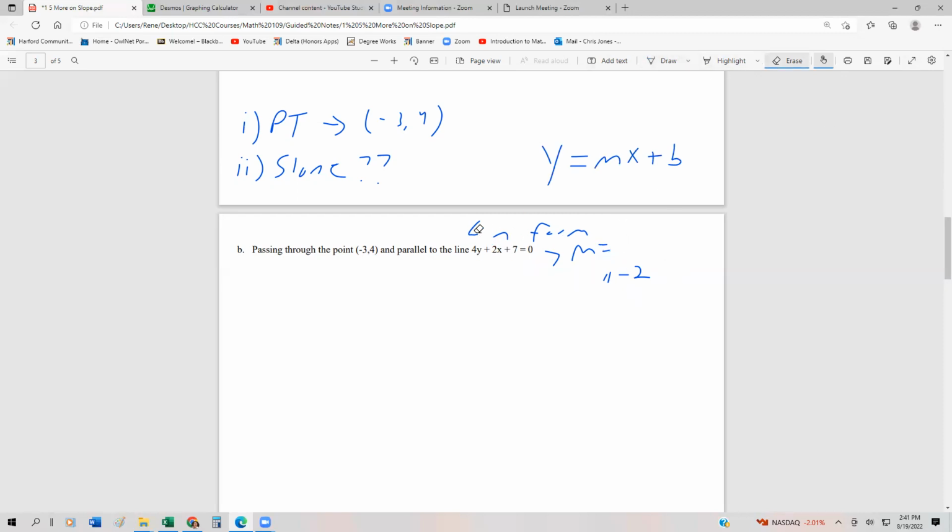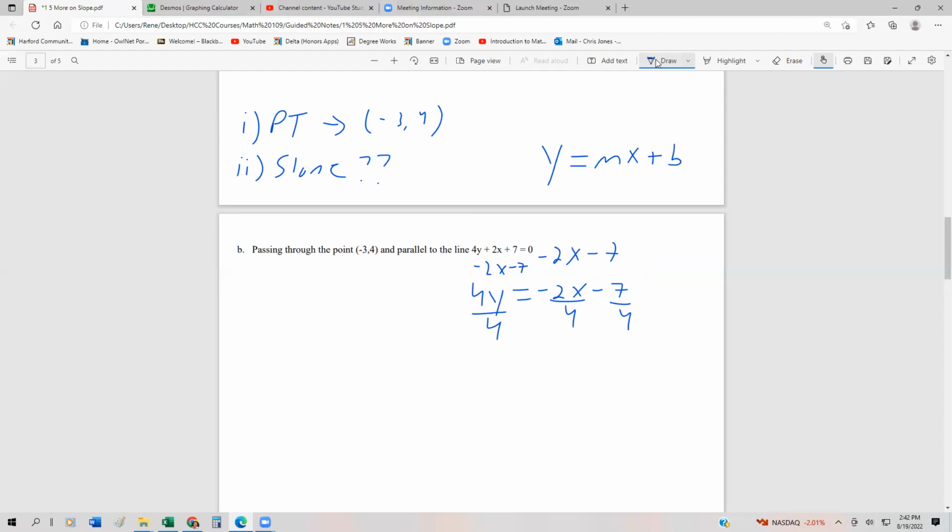All right, so next thing we need to do is put it into that form. So let me erase this. And to put it into the form, I'm going to isolate y. I'm going to subtract 2x from both sides, and I'm going to subtract 7. And that's going to give me 4y equals minus 2x minus 7. And then I'm going to divide by 4 to isolate the y.